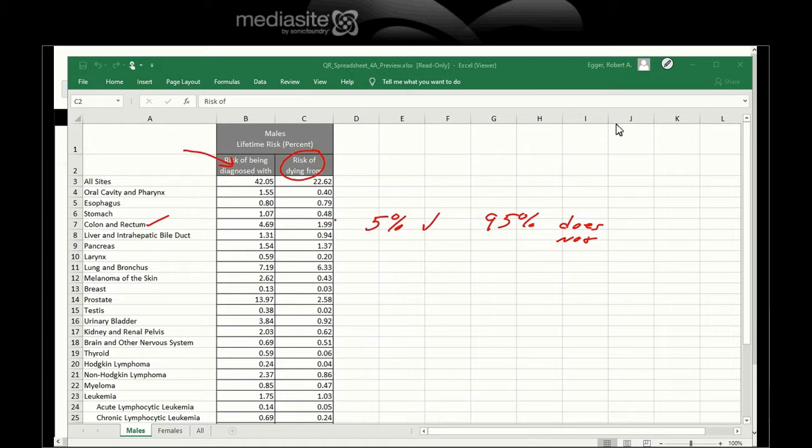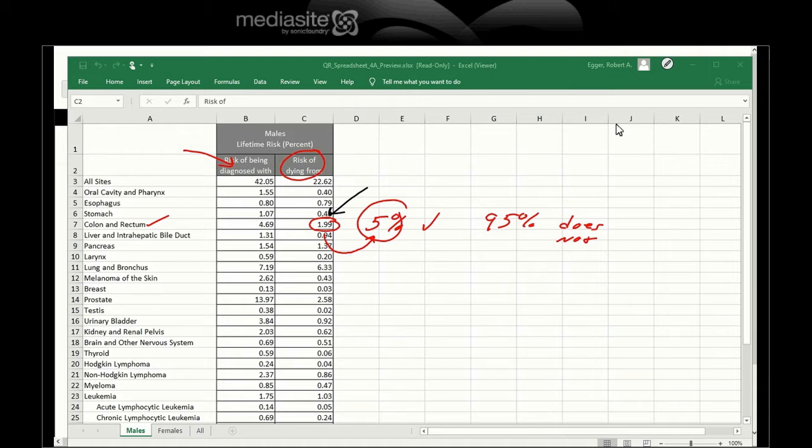There's 1.99% as a risk of dying from the cancer. That 1.99% has to result from the 5% who do get diagnosed. Of this 5%, only 1.99, just on 2%, would die from it.